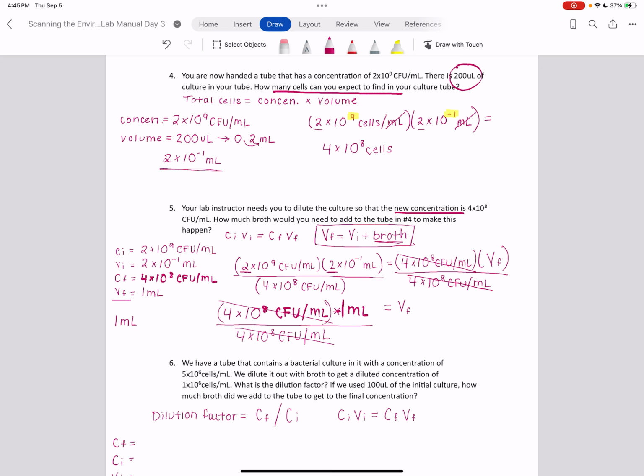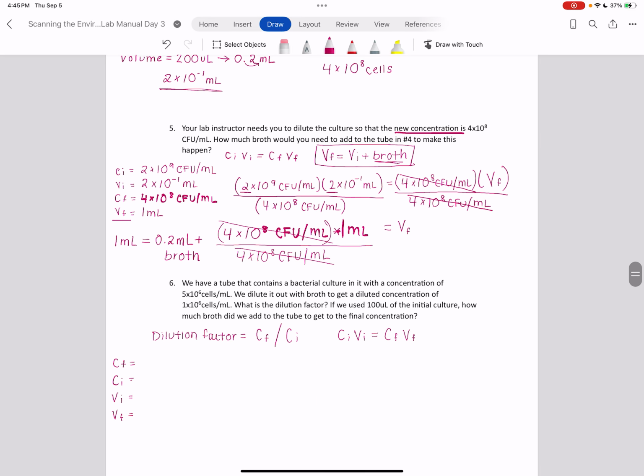So we'll start out with the VF being 1 milliliter, and we're going to write this as 0.2 milliliters, which is the same as 2 times 10 to the negative 1st. Adding that together with the broth, these two sides will now be equal. Now it's just as simple as doing some subtraction. If we find the difference, we have 0.8 mLs of broth, and that is going to be our answer for this question.